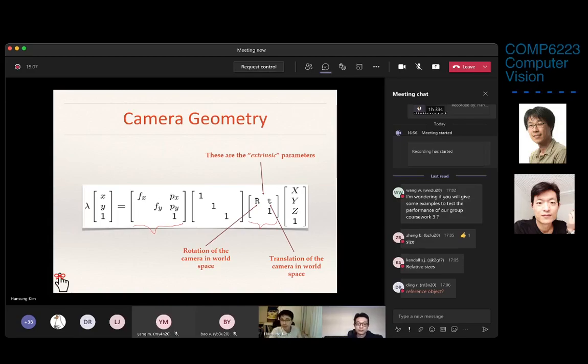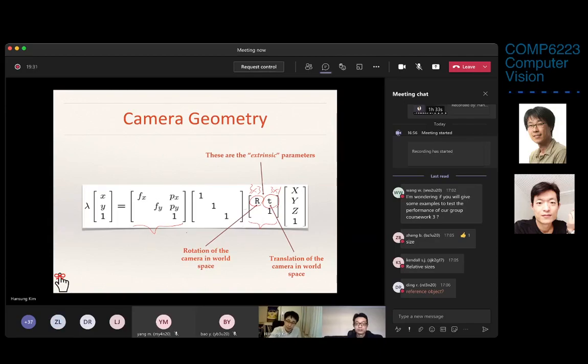This is a 3x3 rotation matrix, and this is a translation matrix, 3x1. So this is a 4x4 matrix. This is called the extrinsic parameter, which defines the location and pose of your camera in world coordinates, okay?